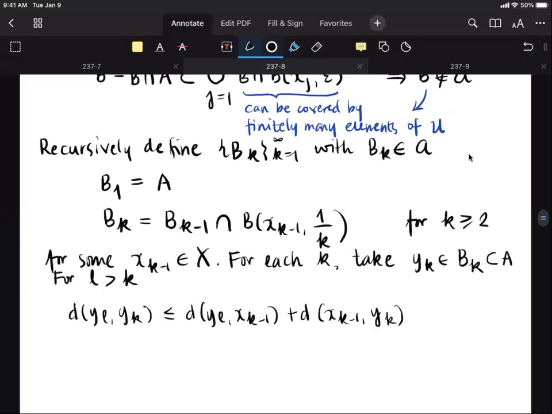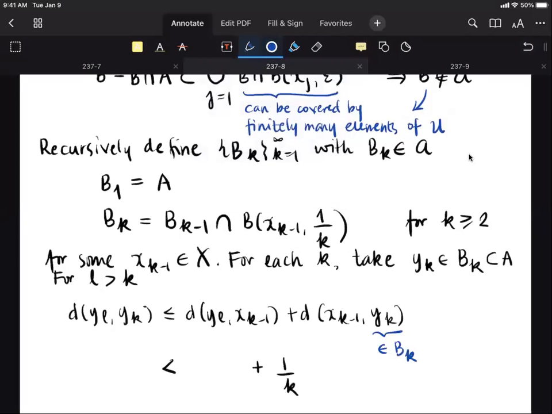Take note that for the second term, this is in the center, and y_k is an element of B sub k. So if you are in B sub k, the distance to the center x_{k-1} must be less than 1 over k. So that would be the second term.